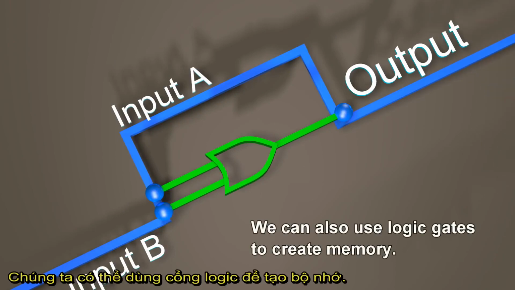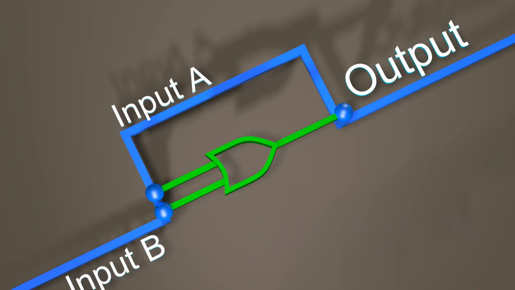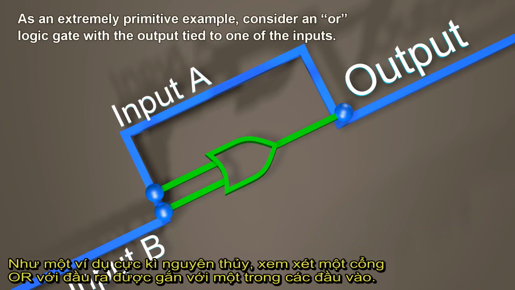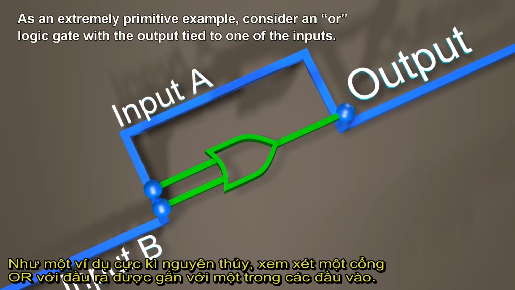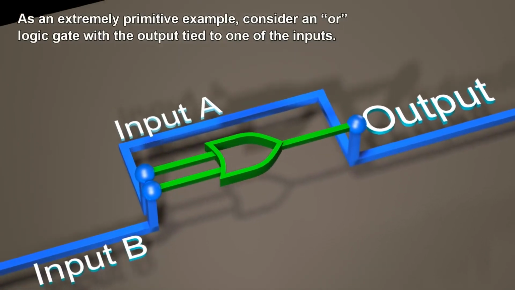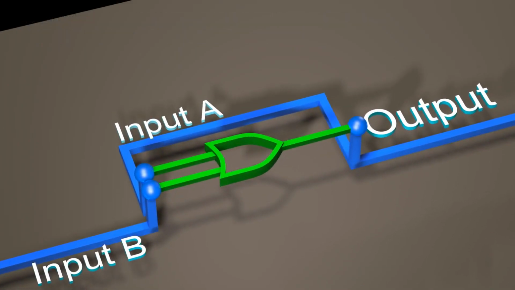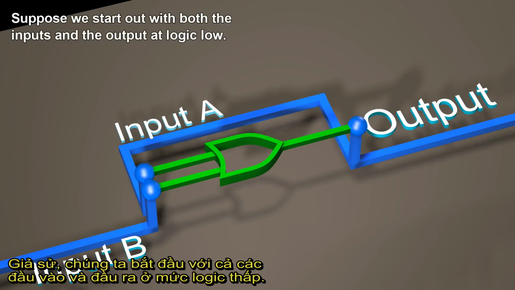We can also use logic gates to create memory. As an extremely primitive example, consider an OR logic gate with the output tied to one of the inputs. Suppose we start out with both the inputs and the output at logic low.